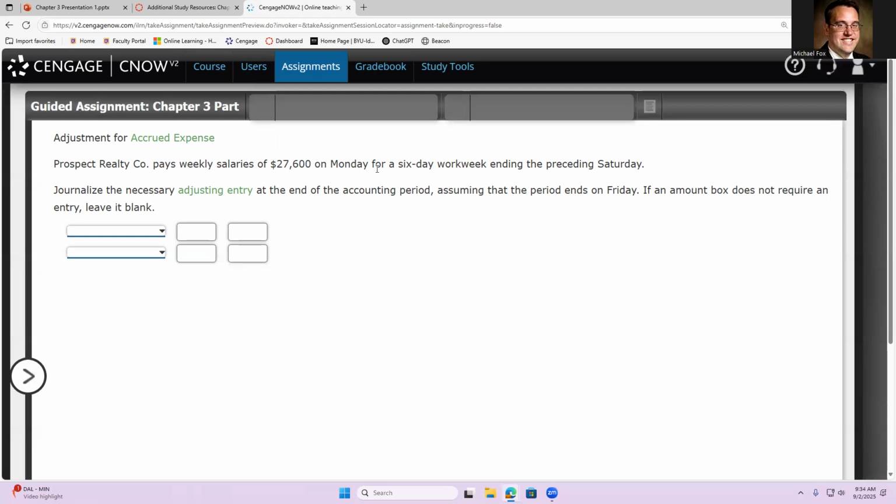So what is 1 day worth of salary? How would we figure that out? Just divide it, right? So what's 27,600 divided by 6? You said 4,600? So they pay $4,600 a day for their employees, right? That's the salary expense that they incur each day.